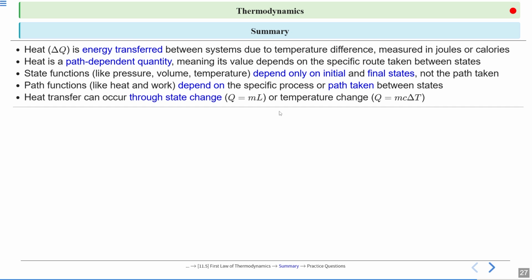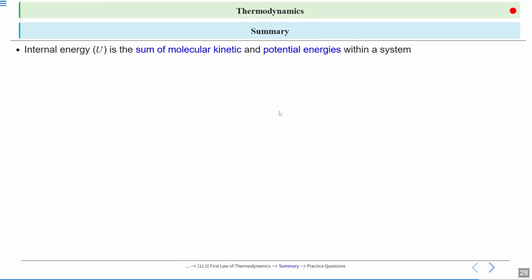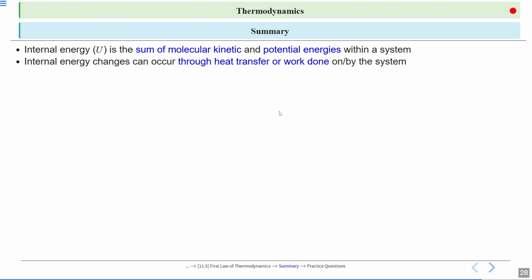Heat transfer can occur through state change, Q is equal to mL, or temperature change, Q is equal to mc delta T. Internal energy U is the sum of molecular kinetic and potential energies within a system. Internal energy changes can occur through heat transfer or work done by or on the system.